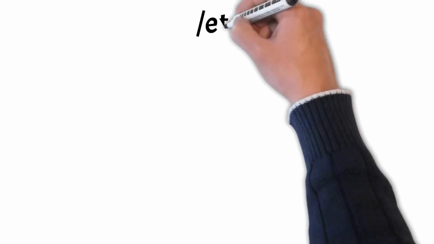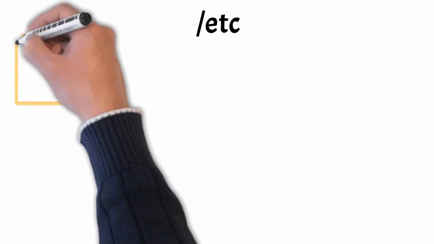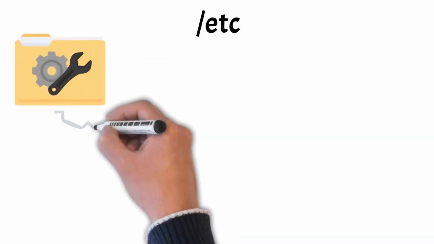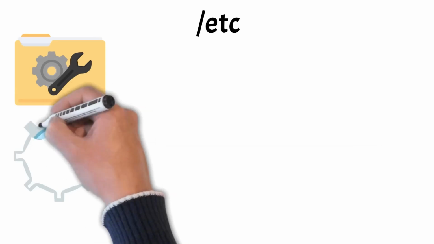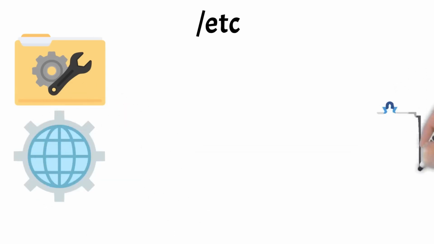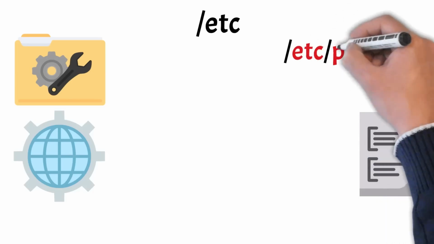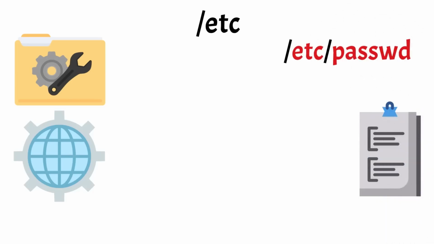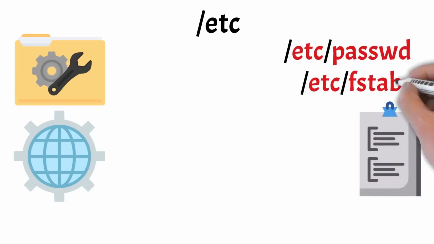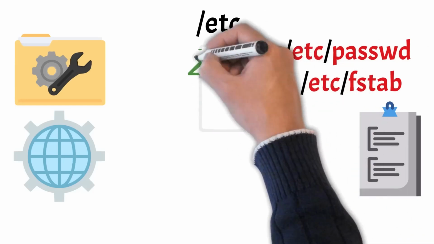Next up is the etc directory. This is the central location for system-wide configuration files, covering everything from network settings and user accounts to startup scripts and service configurations. For example, etc/passwd holds basic user information, and etc/fstab defines how drives are mounted at boot.